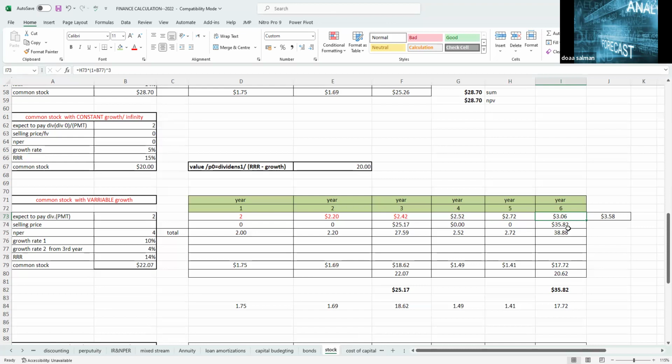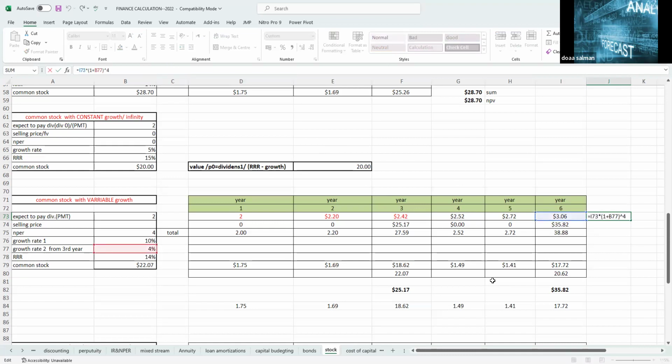Let's say, for example, I need to find it for 3 years, the third year, and then it's going to change after that. So I have two growth rates, from the second to the third. Then it's fourth, fifth, sixth. It has lasted for 3 years, and then it's going to change after that. So the growth rate in the fourth year will be 4%.